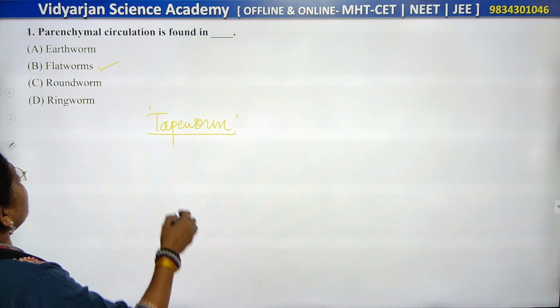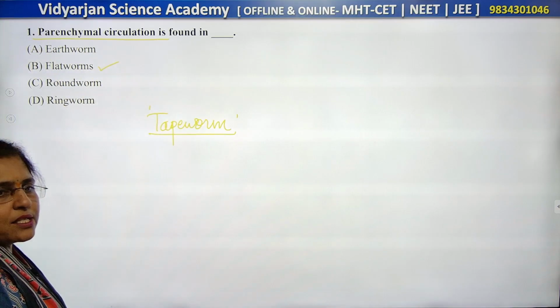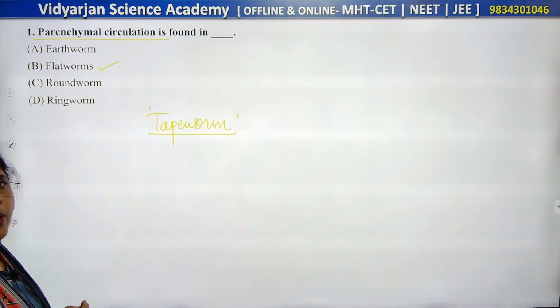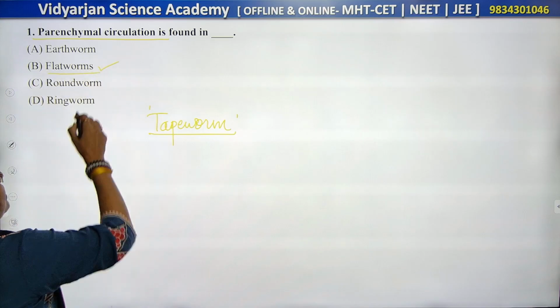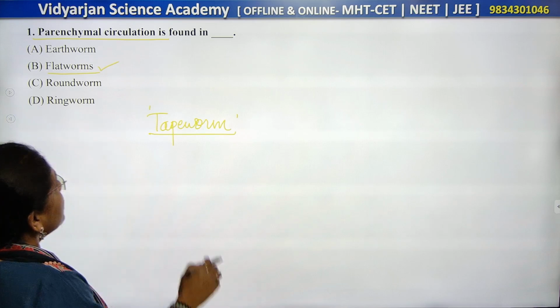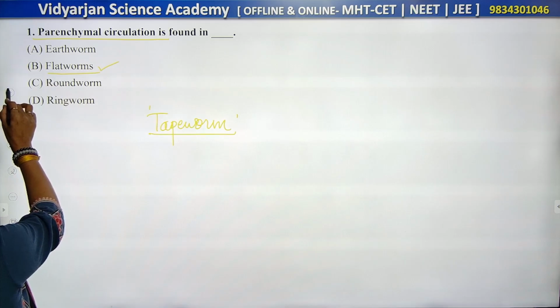In flatworms there is no prominent coelomic cavity, and that is why the parenchymal cells give you the parenchymal circulation. So B is the answer for question number 1.